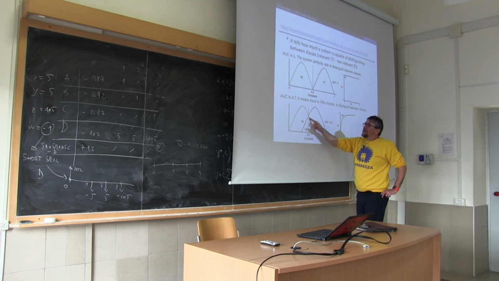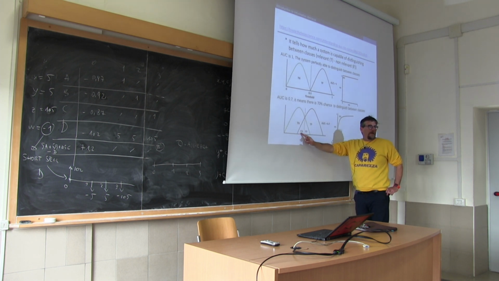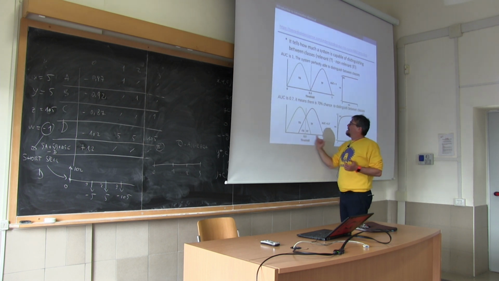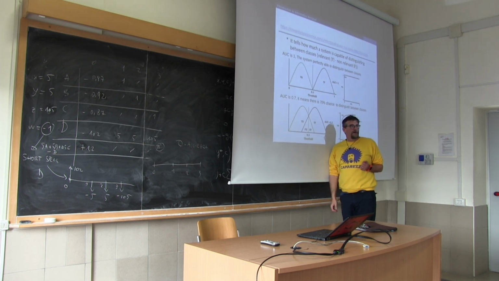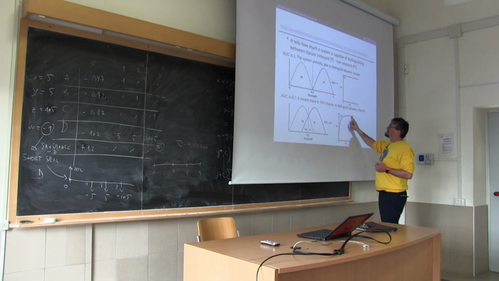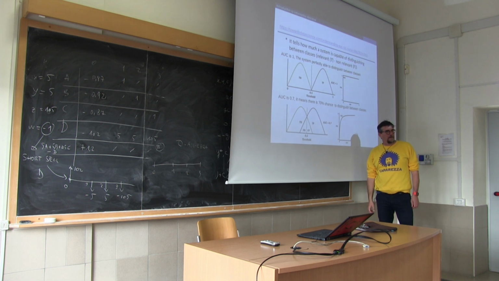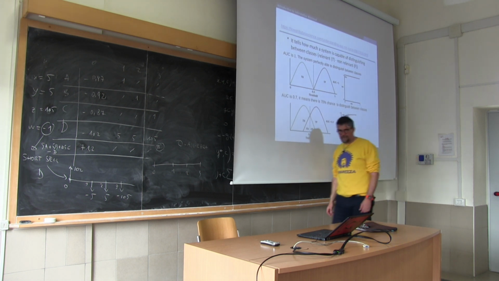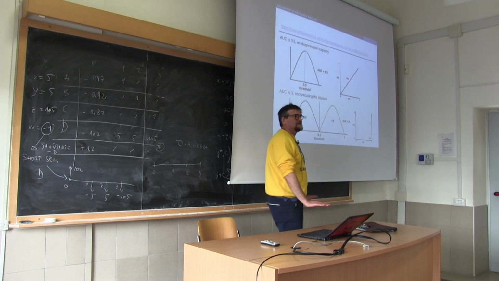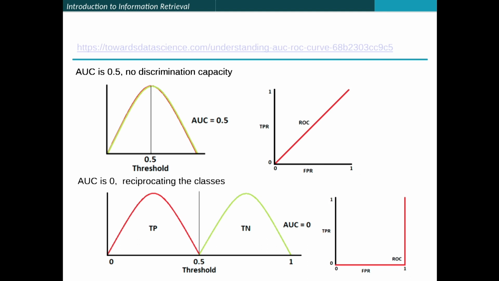If there is some kind of overlap, the ability to distinguish depends clearly on where you move your threshold. Okay, and so you have a curve that is something like this.